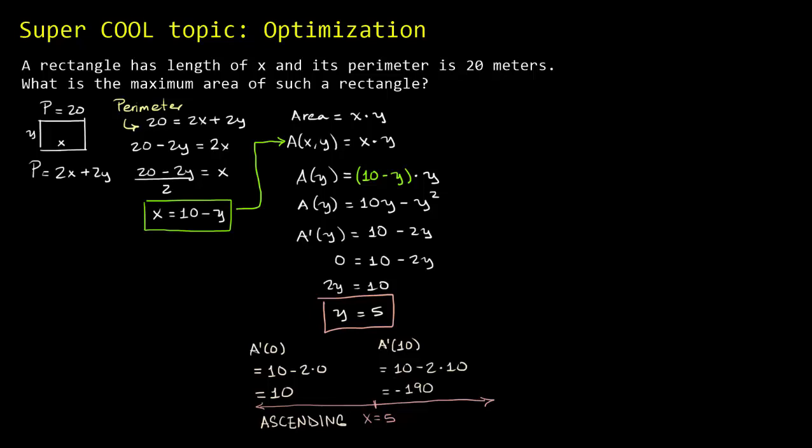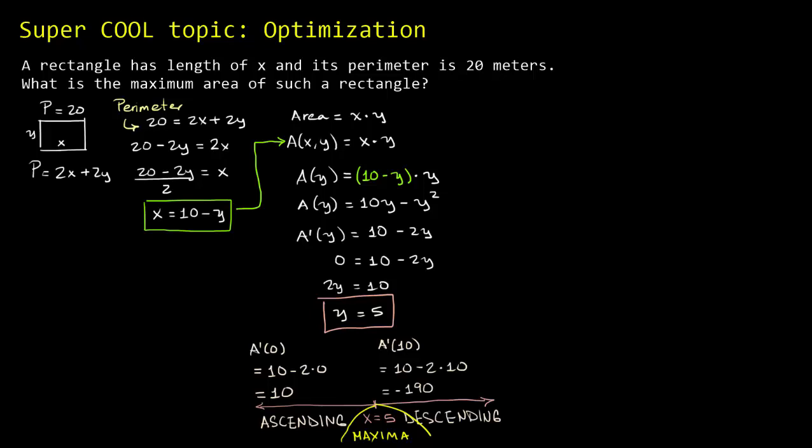This negative sign is telling us that the function after 5 is descending. So with all this information, we know that the function is ascending and then descending, so this is a maximum. This piece of proving whether it's a maximum or not seems a bit like protocol, but we still have to do it.